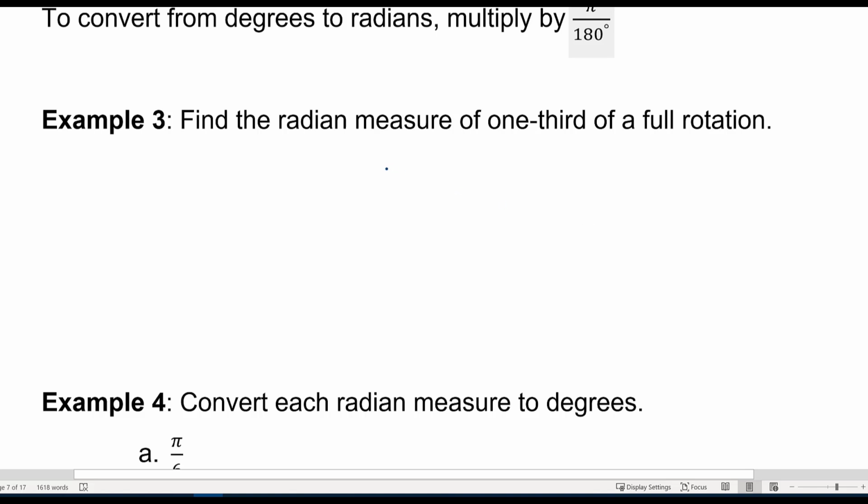So find the radian measure for 1/3 of a full rotation of a circle. So one rotation is going to be 2 pi r.